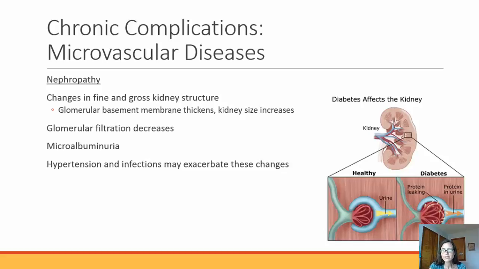So you can see in this little graphic here, we have our normal kidney here, and our urine is being filtered and it's going to go out and we'll excrete it. But here, when our kidney gets bigger and thickens because it's working so hard, then basically it's just not working as well, and we're going to put stress on our kidney, and the protein's going to leak out into our urine.